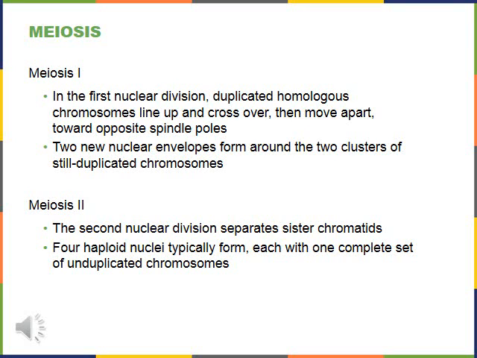Because remember, this is a lot like mitosis, okay? So we've got 2 new cells. Then we move into meiosis 2. We divide again, separating those sister chromatids, and basically go through all those stages once again.